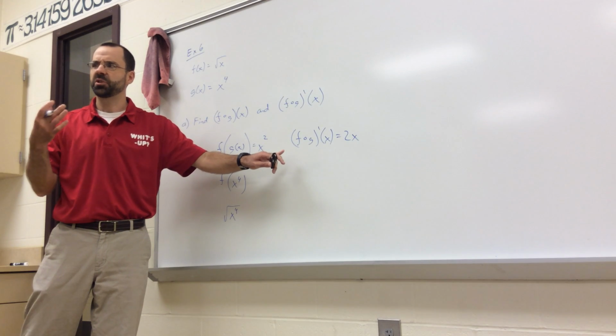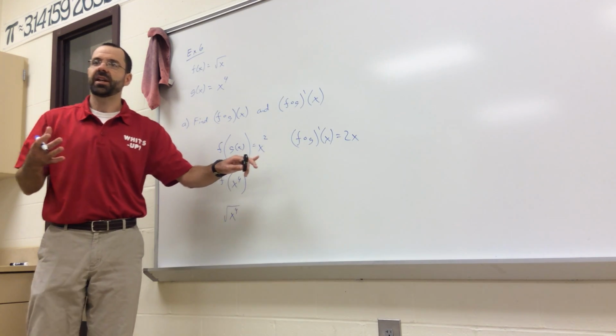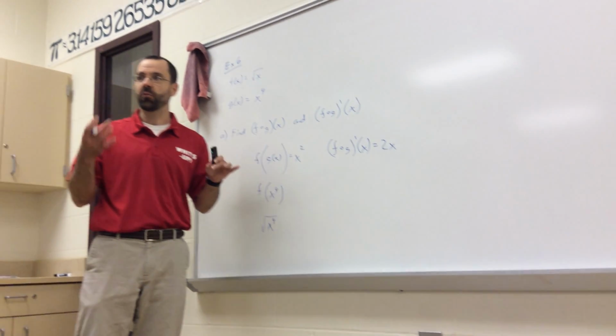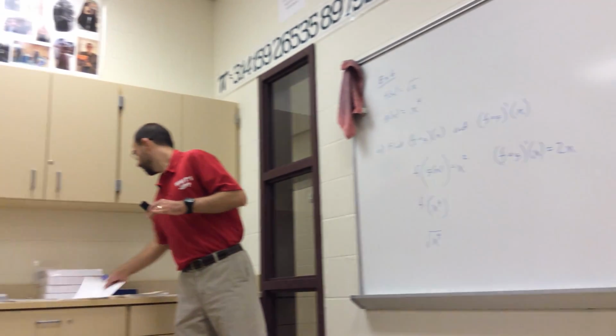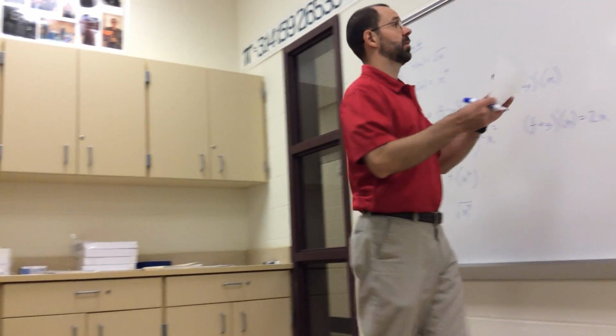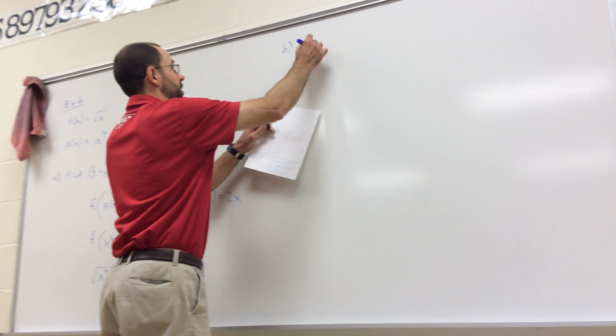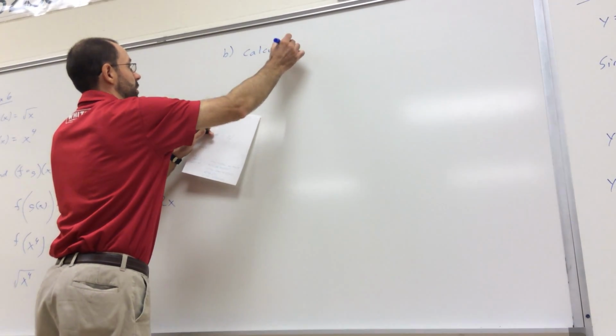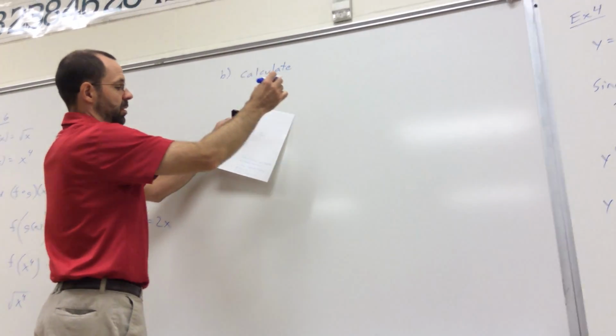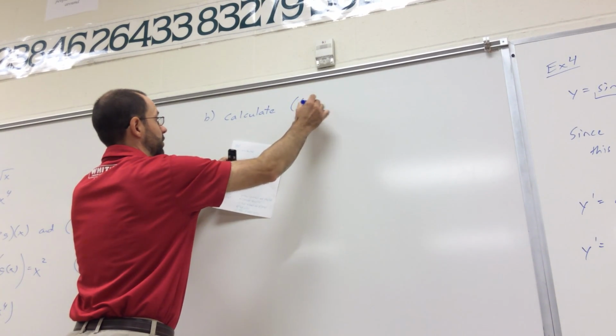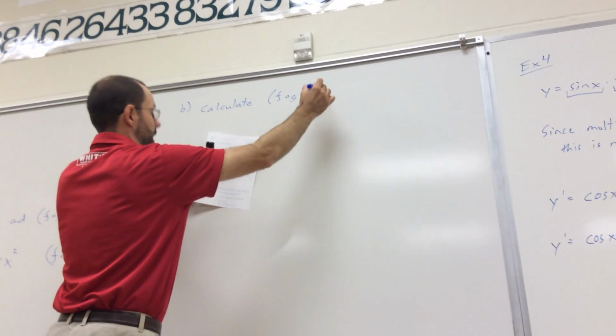Okay, so I'm setting up notation so that I can write down the chain rule in a formal way. Okay, so now for part B, we're going to calculate f of g prime at 2.